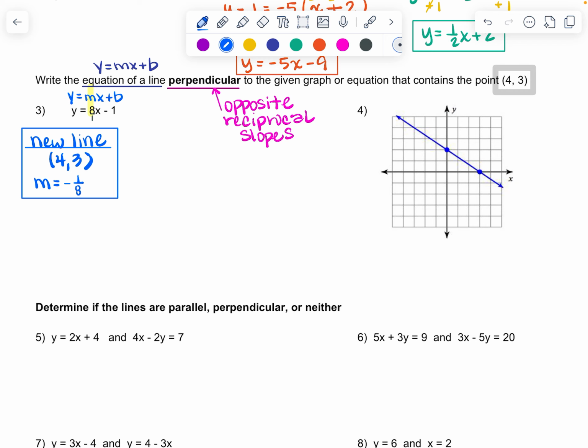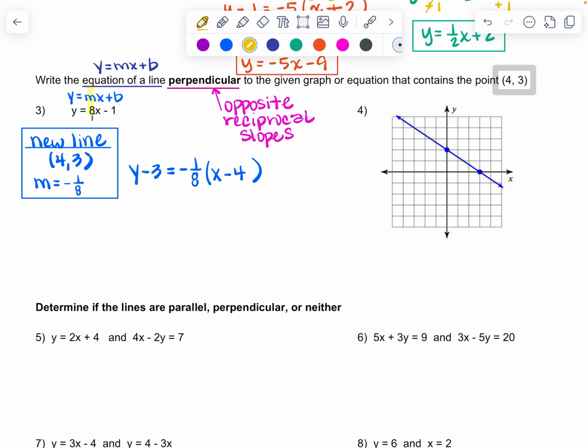So again, I've got a point, I've got a slope, so we're going to do point slope form. So here we go. y minus 3, that's the y coordinate right here, equals our slope of negative 1/8 times x minus the x coordinate, which is 4. All right, and we are just going to do the same exact 2 steps.